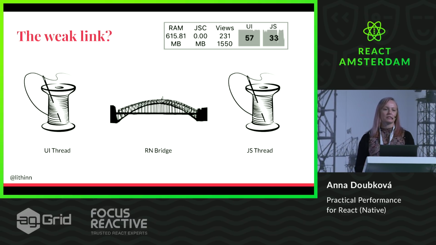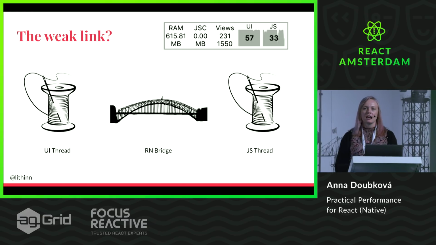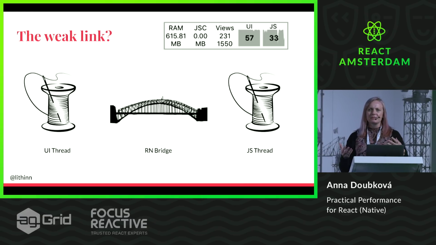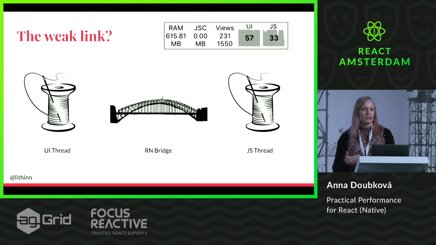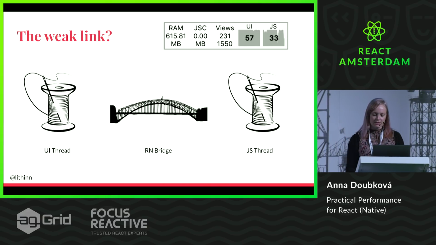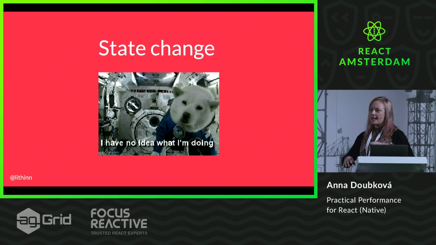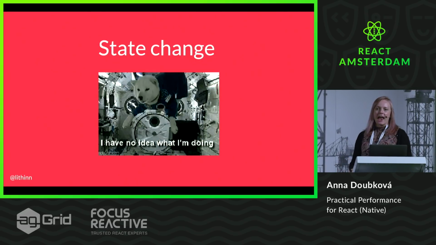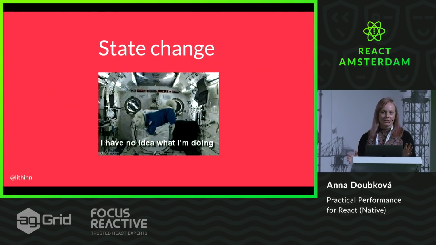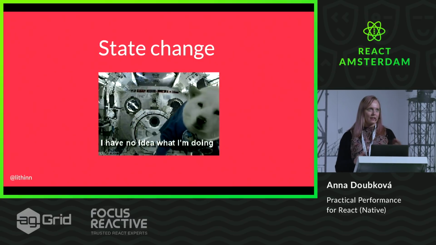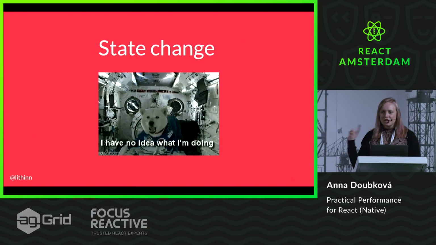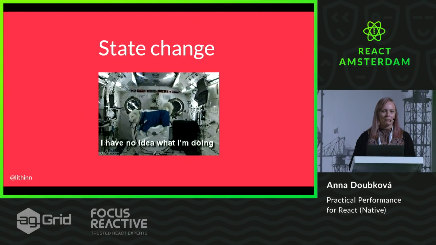So this was a semi-conclusive pointer towards the JavaScript thread, which we did not expect, because when you think about it, it's not doing that much really, or that's what we thought. But it turns out that state change is quite complicated. We realized by wild experiments of commenting and uncommenting code that the state change is the thing that makes our app slow.